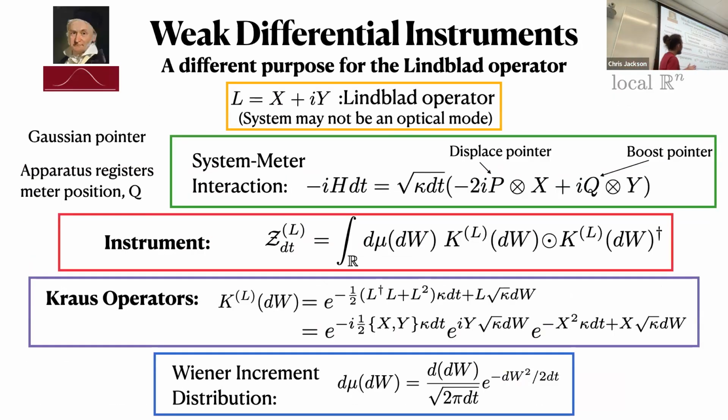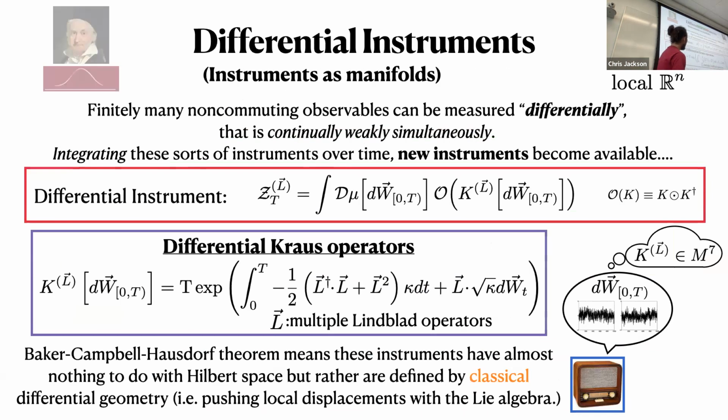If I do this kind of measurement over and over again, I'm piling up these Kraus operators: the first one, then K_L dW2, et cetera, and you get these time-ordered exponents. This is the same kind of Kraus operator for just a time dt as before, but now we're doing a bunch of them over and over again, and we might be doing a few of them at the same time, that's what this vector is.